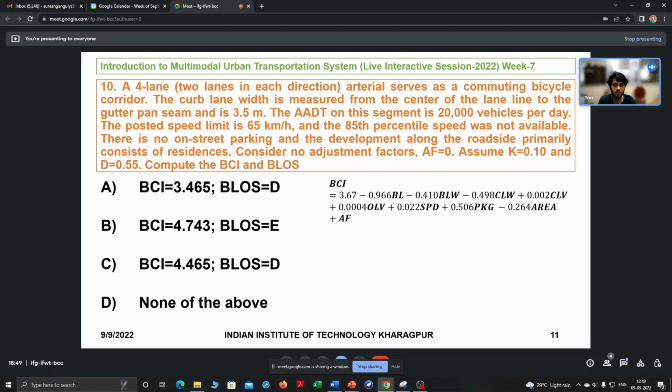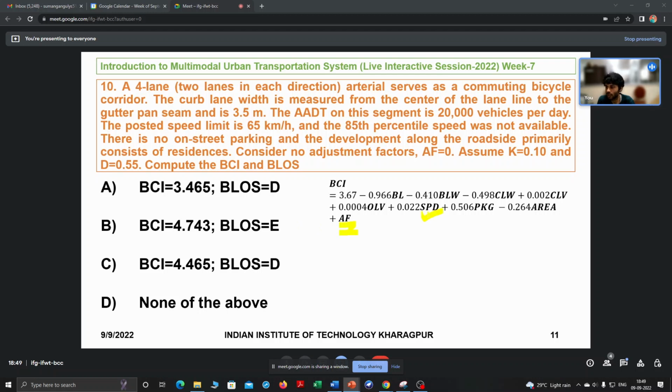It is given as no on-street parking and no development, so it is 0. Then what is your area? Area would be 1. Your AF factors are already given, that there are no adjustment factors, so that is also 0.